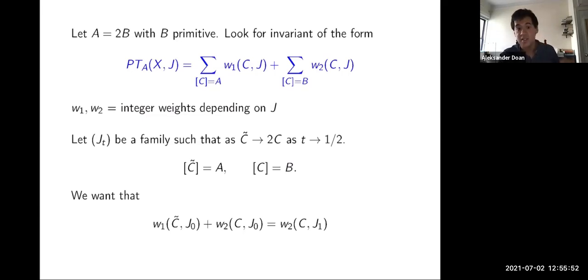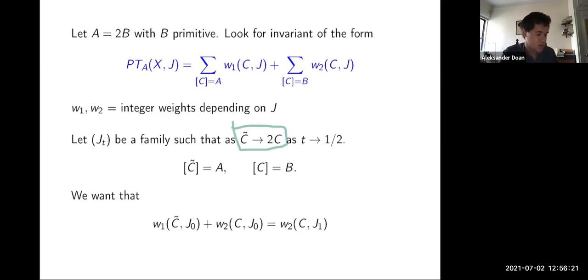The point is that the naive count of curves is not an invariant, because in this situation we can have a sequence of embedded curves in the homology class A, which converges as currents to 2 times C, where C is a curve in homology class B. And when this happens, the naive count of curves changes. And that's why it's not an invariant.